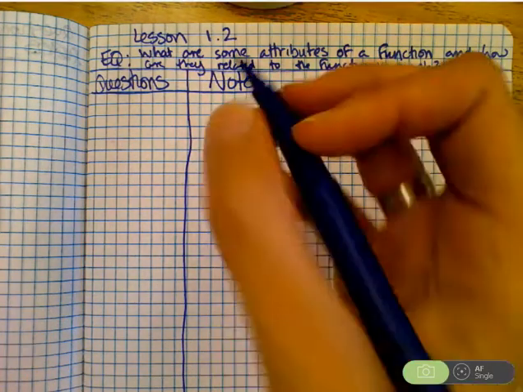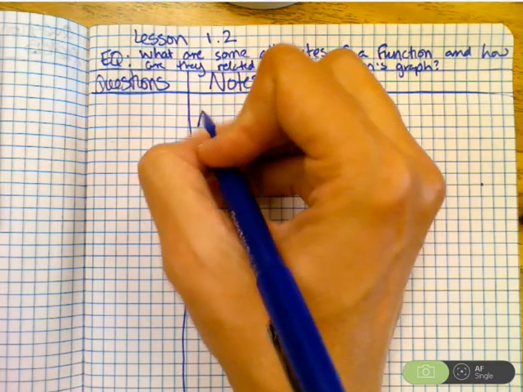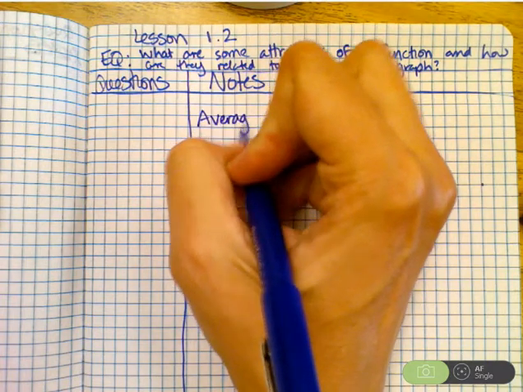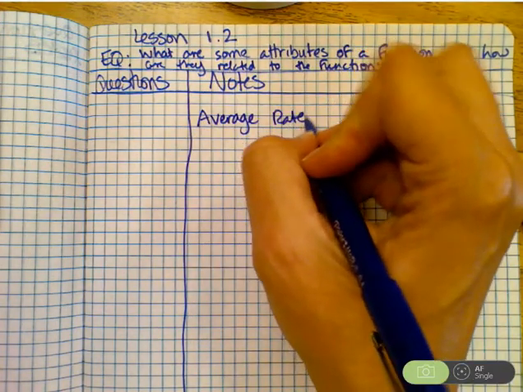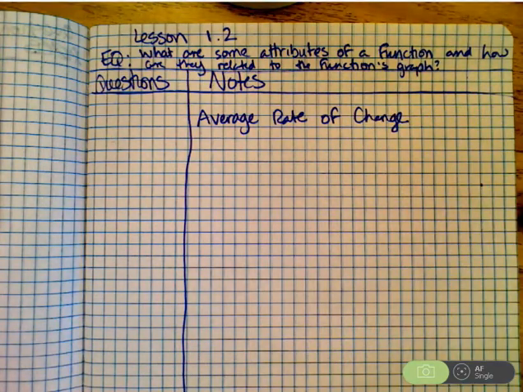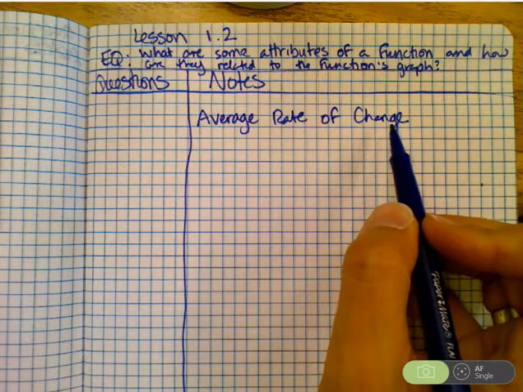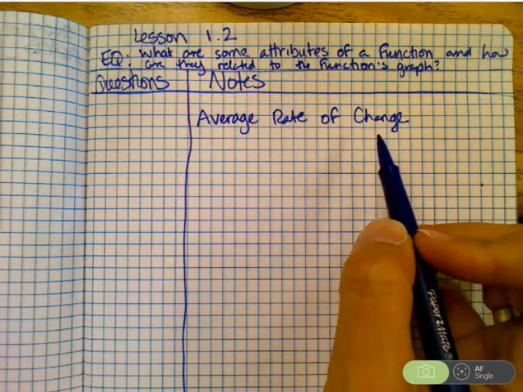Okay, there you are. So our first thing we're going to do is just get some definitions down. So the first definition is for the average rate of change. If you think about rate of change, hopefully slope comes into your mind somewhere. So that's really what the average rate of change is.